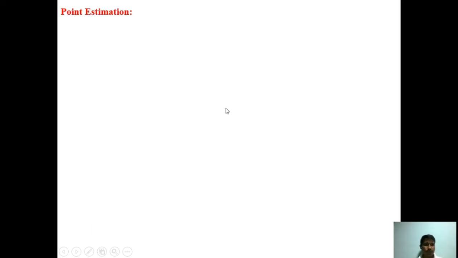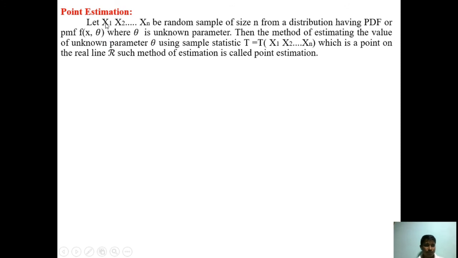Then let us see the first part, point estimation. Let x1, x2, up to xn be a random sample of size n from a distribution having PDF or PMF f(x, theta), where theta is an unknown parameter. This is a sample from a population having PDF f(x, theta) and theta is unknown.